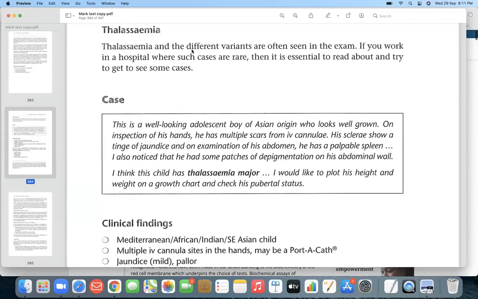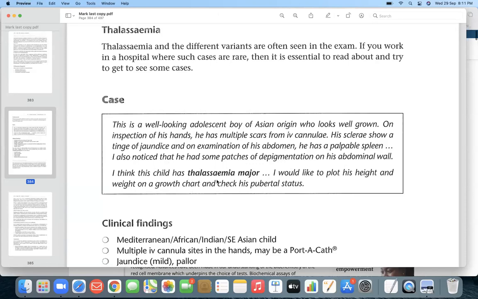I don't know really. Depigmentation means what? No pigment, right? So it's hypo. This is what I am thinking, but just check it, okay?